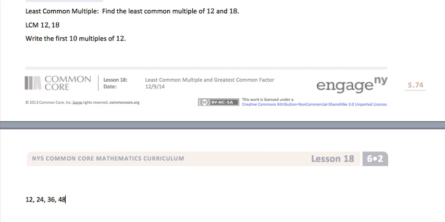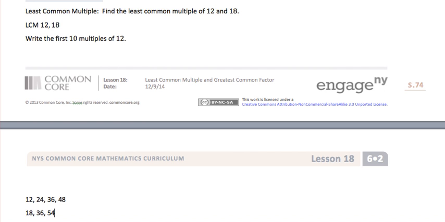Please notice the multiples of 12 start with 12 and get larger. Factors are smaller than the numbers. The multiples of 18, we start with 18. And 18 times 2 is 36. And 18 times 3 is 54.